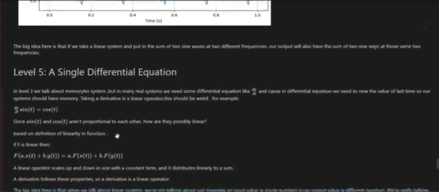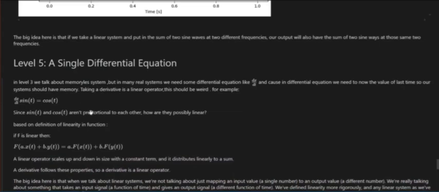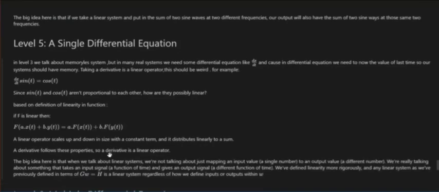In this level, we talk about linearization of a function, and we should change our thinking and modeling for linearization. If we want to know whether a function is linear, we should think about this equation: f(a·x(t) + b·y(t)) equals a·f(x(t)) plus b·f(y(t)).